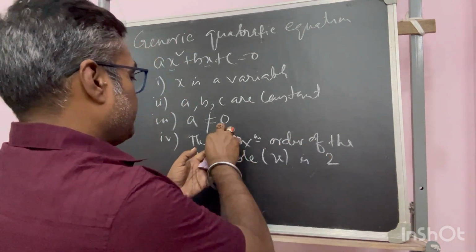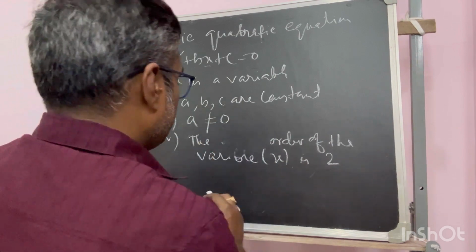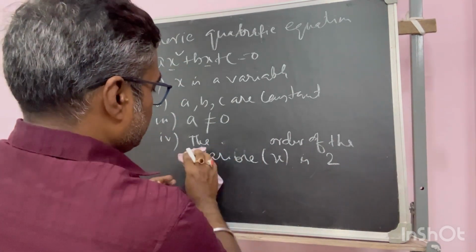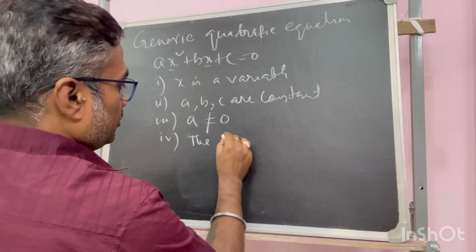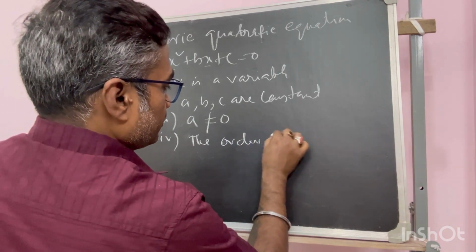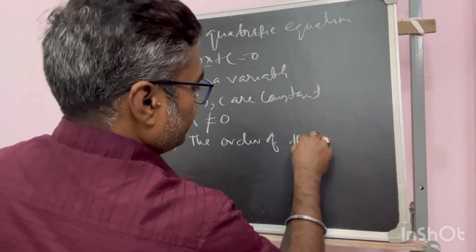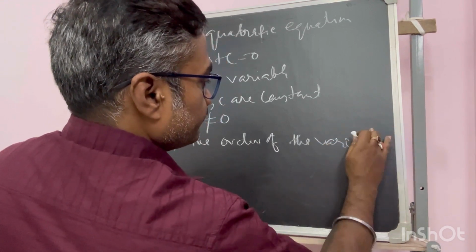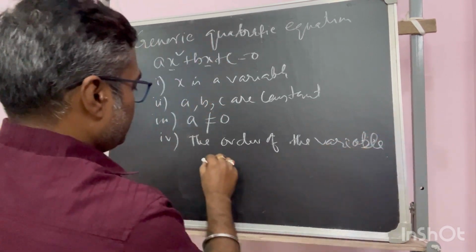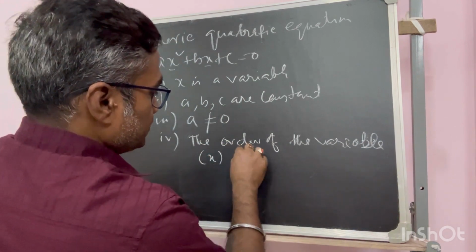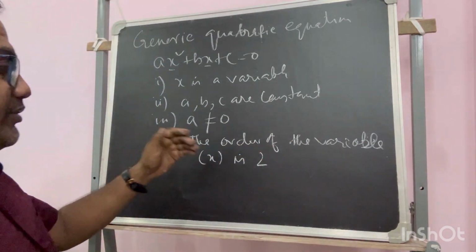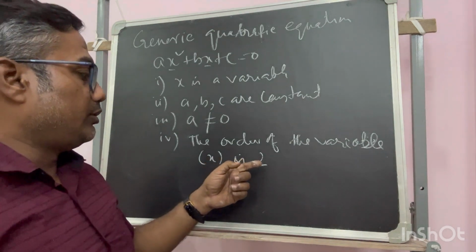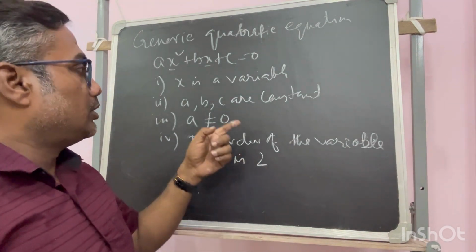Don't say maximum, because that will be confusing. Then the order of the variable x is 2.